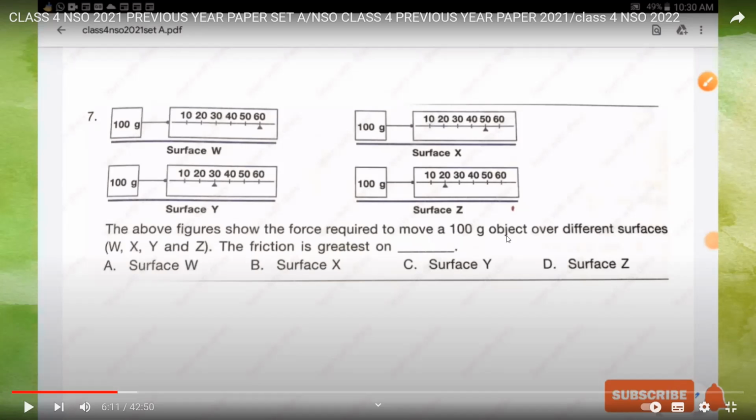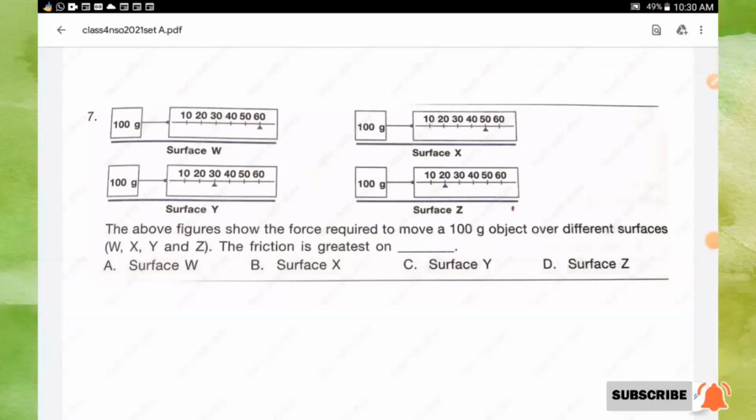Okay, let's see. The above figures show the force required to move a 100-gram object over different surfaces W, X, Y, and Z. Which has the greatest friction? In surface W, the force applied is 60. In surface X, it is 50.